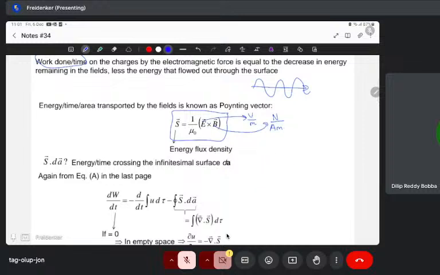I think this is Tesla. Yes, so that is Tesla.